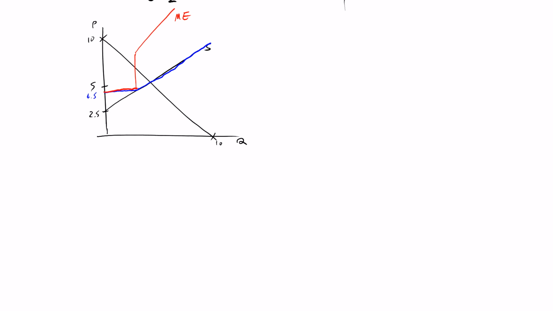Now what? Now in this situation, notice that if you ask, okay, so how many workers are willing to work for $4.50? In other words, how many workers are willing to work for minimum wage? How many?